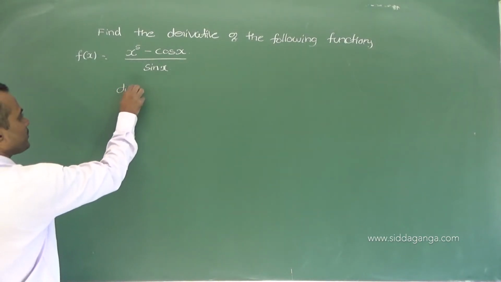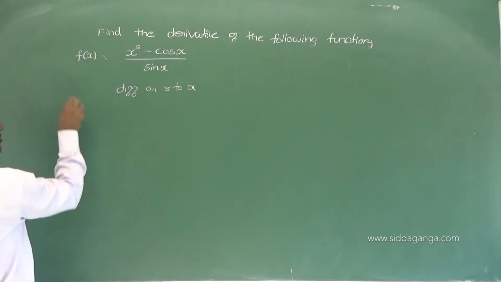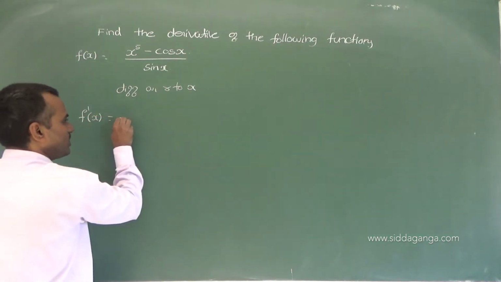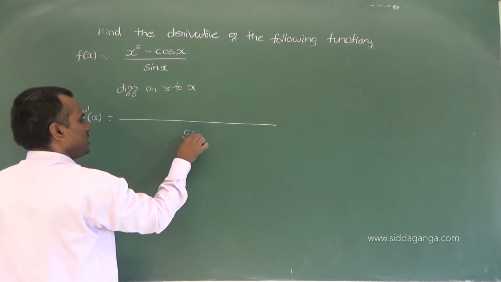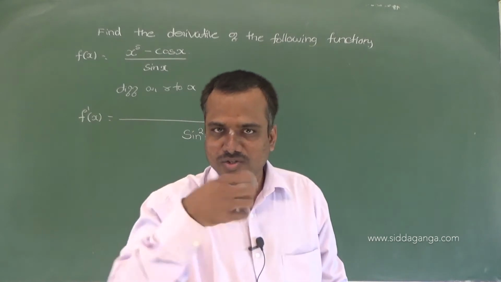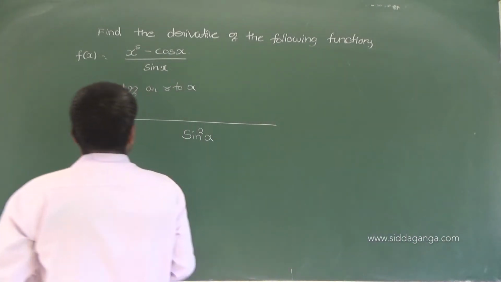Differentiate with respect to x. F of x with respect to x is f dash of x. You know very well the quotient rule. According to the quotient rule, denominator square, that is sin square x. What about the next step?